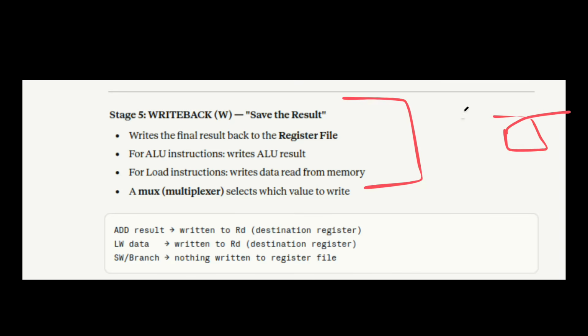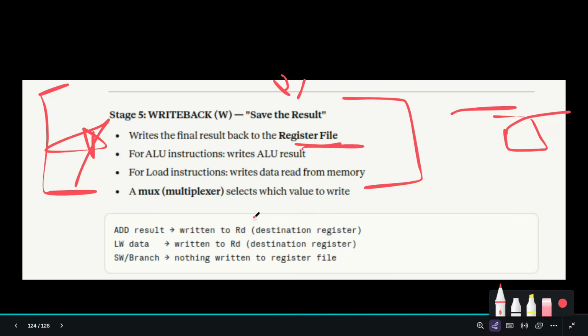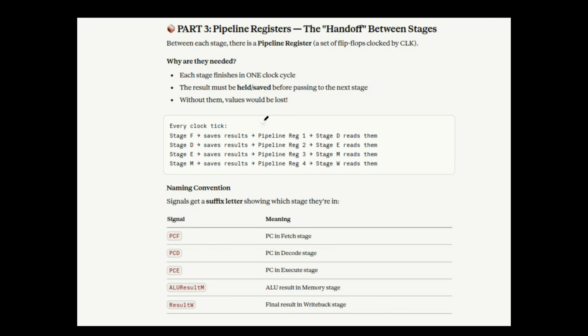The value from the memory, if I want to store it in the register using a multiplexer, we do that, right? If I want to save the result to the register file, that means I want to write the value in the RD, right? That is happening in the write back part. Okay, write back part. This much we have understood about the different stages.